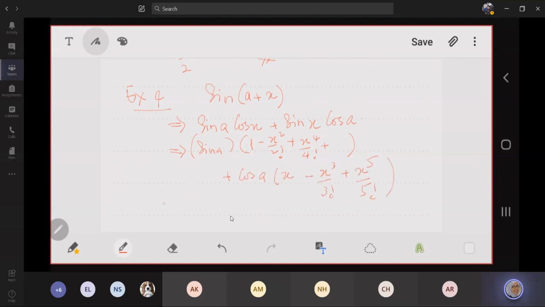Let's say you want to find the first 3 non-zero terms.